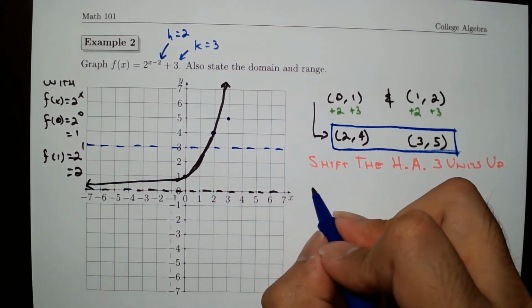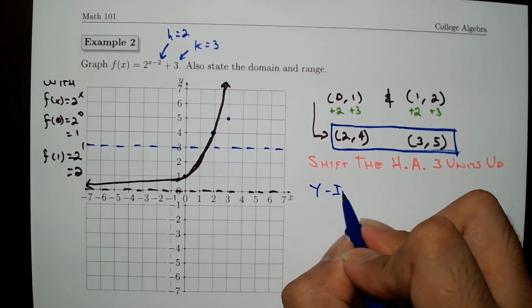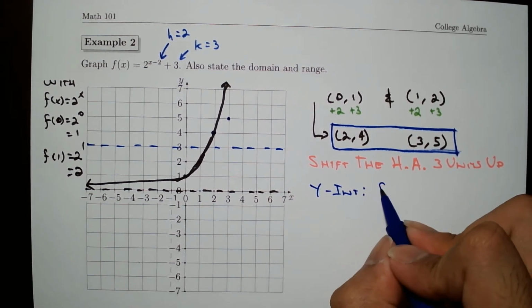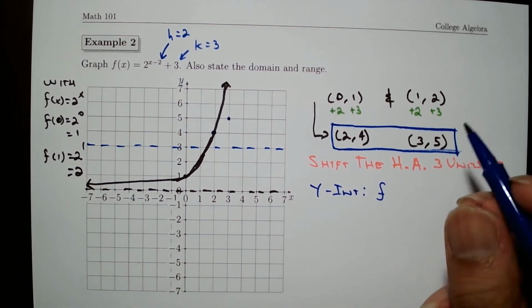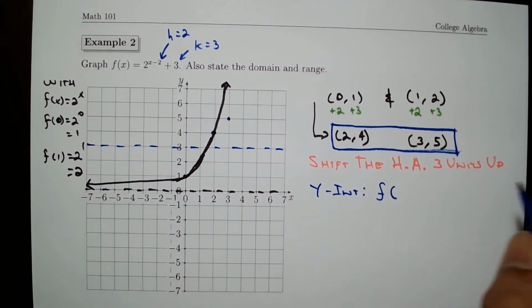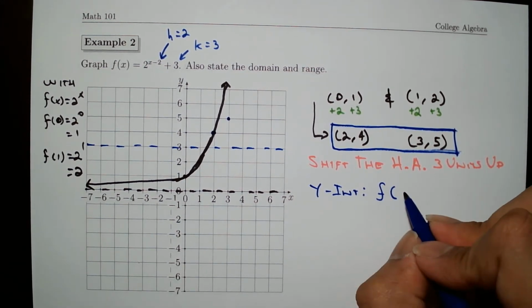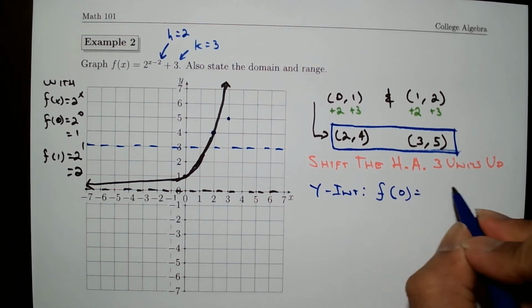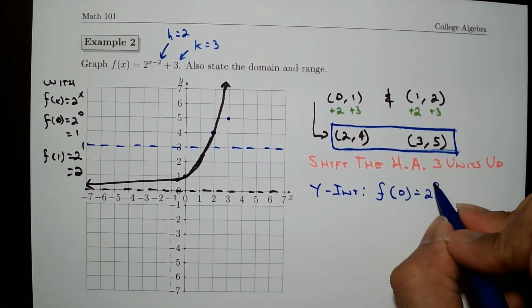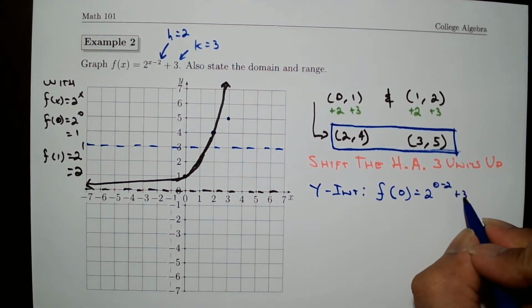I'm going to find the y-intercept by evaluating the given function f of 0, that's 2 to the 0 minus 2 plus 3.